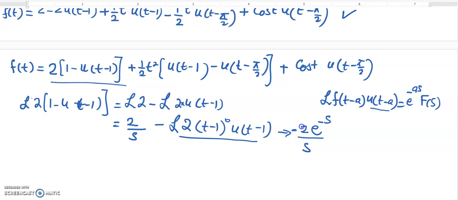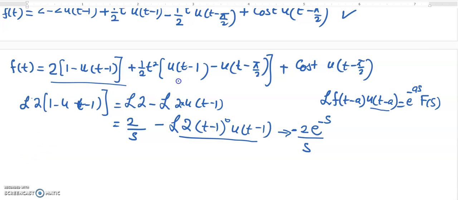So this 2 is from here, and this minus is from here, and this one we have completed, because this is the Laplace transform of f, F(s), and then it has to be multiplied by e power minus s, because a was 1. There are a lot of steps over here.